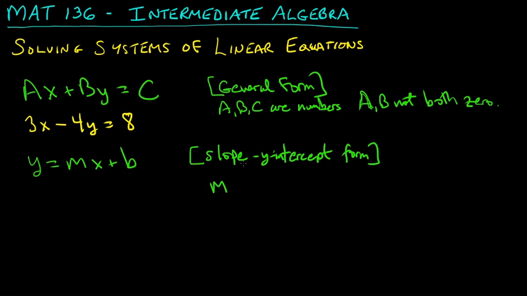Here m is just the slope, the usual rise over run, so we're not going to get into that. And b is the y-intercept, or specifically the point (0, b). If you were to graph this line, it's where the line crosses the y-axis.